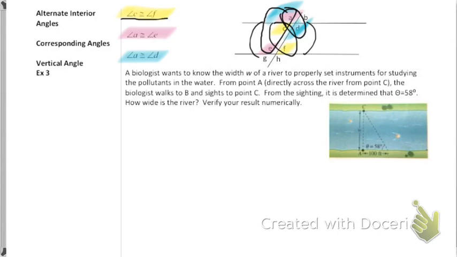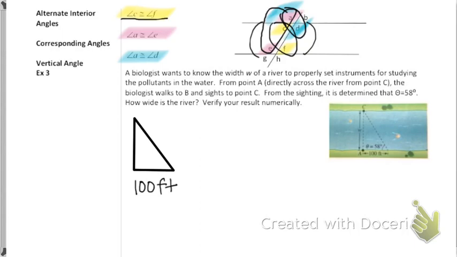So in the drawing, let's make a triangle first. In the picture, it says this is 100 feet.